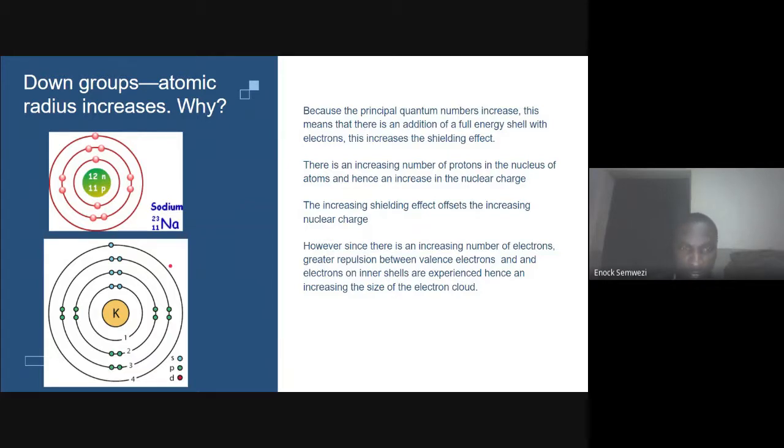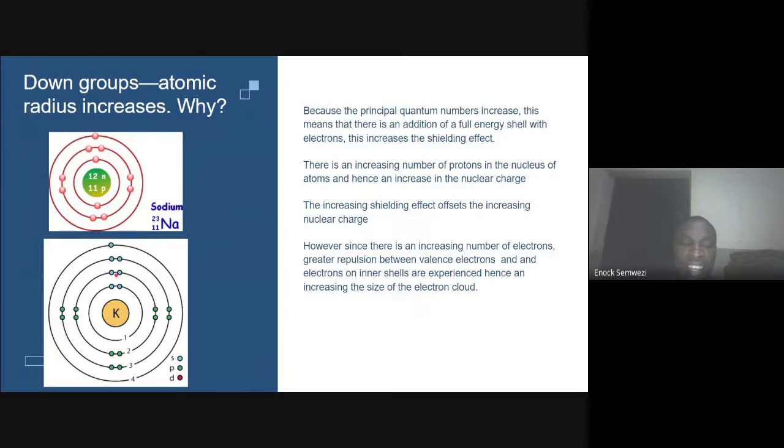But let's check what is happening to the principal quantum numbers. In sodium, we have 1, 2, 3. Then in potassium, 1, 2, 3, 4. Although they both have a single electron in their outermost energy level, the number of principal quantum numbers differs. You find that the inner full shells in potassium are more than those in sodium.